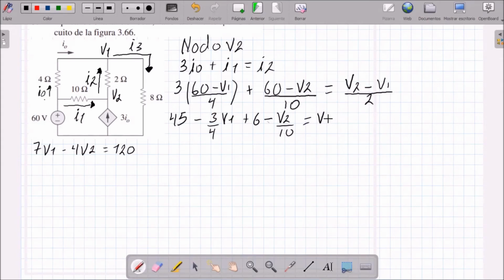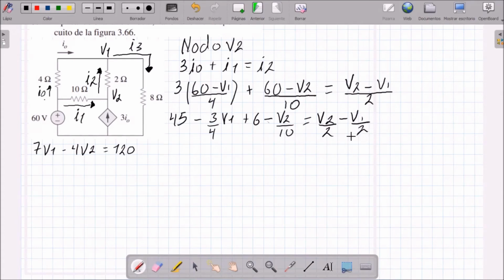I forgot to put the 2. Corrected, B2 minus B1 over 2 ends. True? Good.